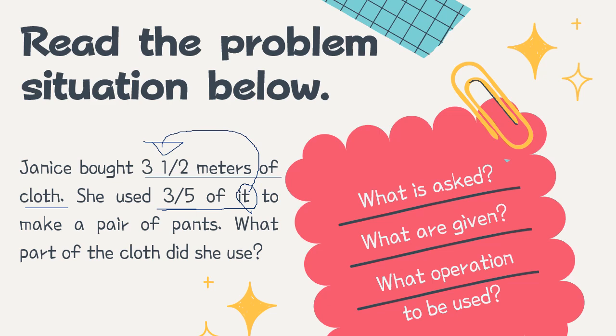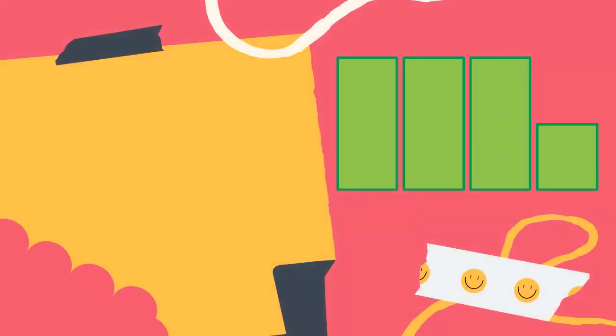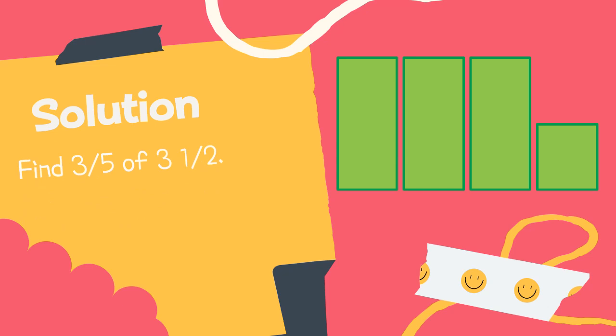Let us solve. Now here is the solution. Again, find 3/5 of 3 1/2. So how are we going to do this? First, write 3/5 times 3 1/2 equals, we don't know.